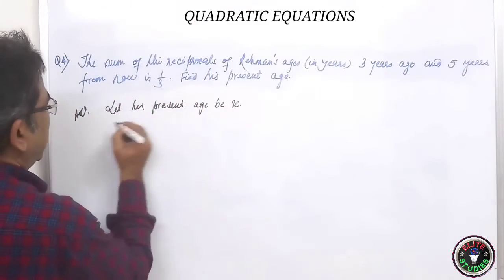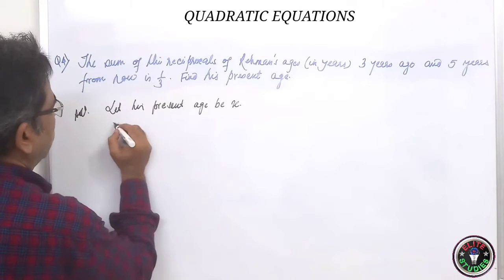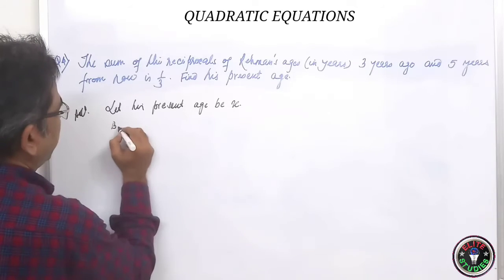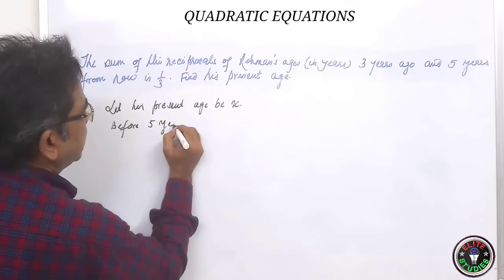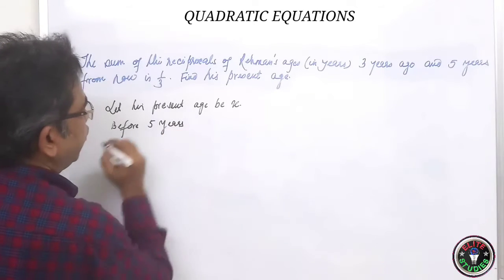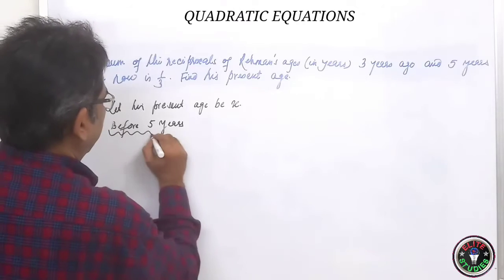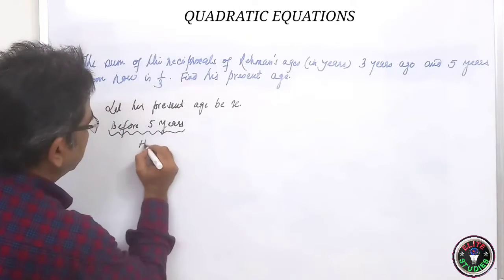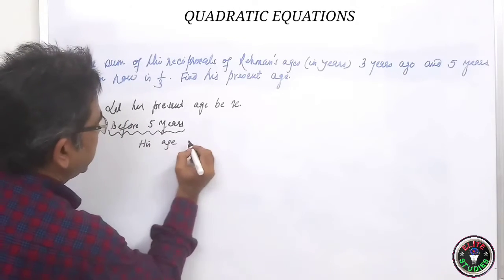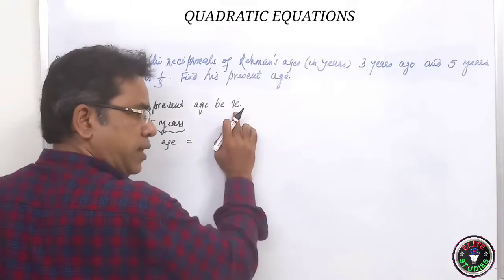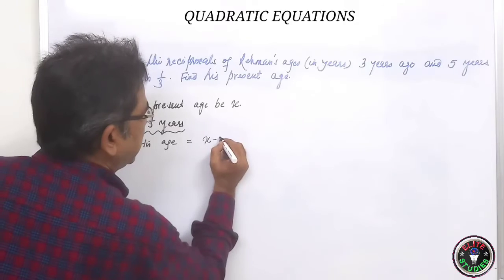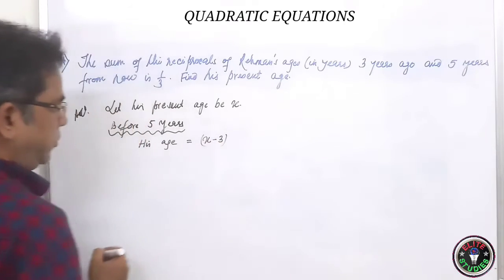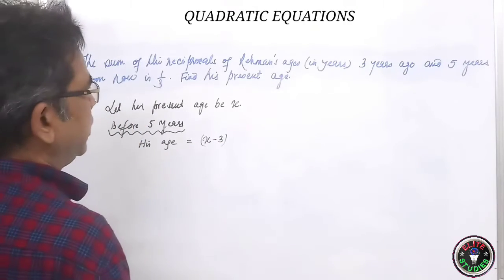Let's see. His age 3 years ago, present is x. So before 3 years he will be simply x minus 3, right?